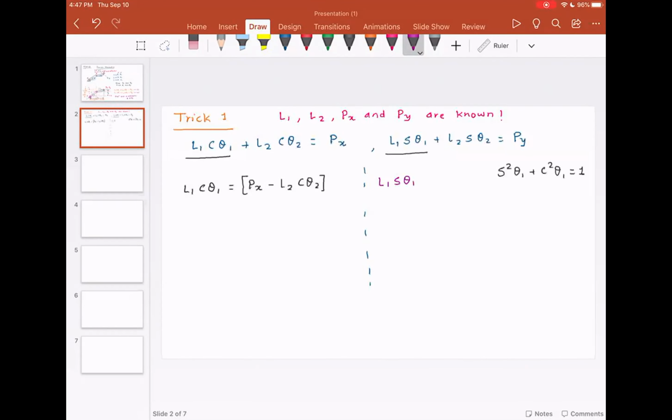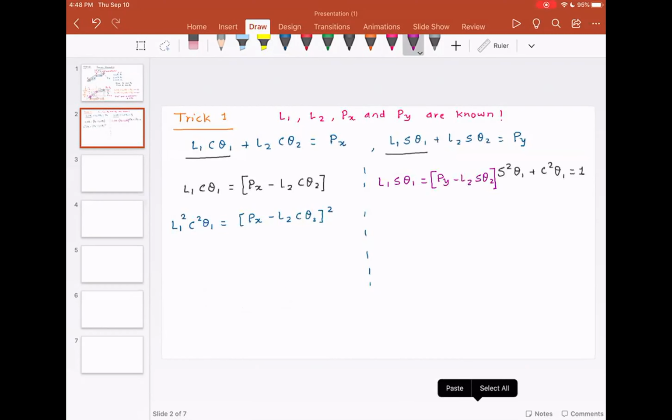I'm going to square both sides. When I square both sides, I will get L1 square cosine square theta 1 is equal to (Px minus L2 cosine theta 2) square.